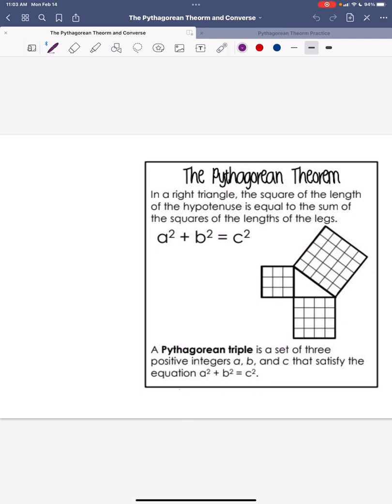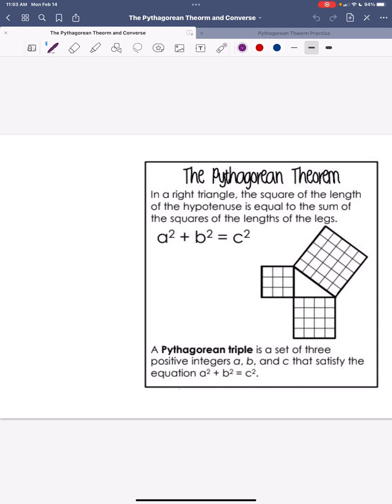Now, in order for that to make sense, you need to understand which sides are called our legs and which side is our hypotenuse. If we take a look here on this model, our legs are the sides that create the right angle in a triangle.